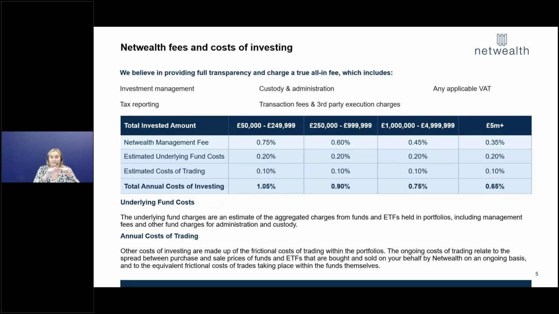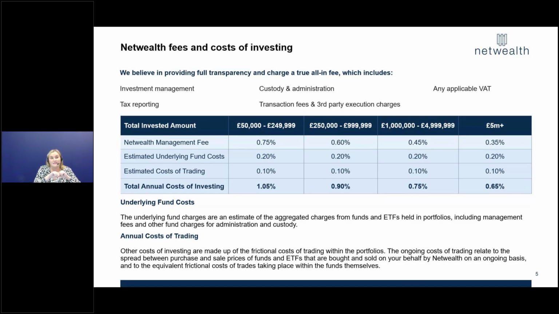Below the Netwealth management fee, you can see our estimated underlying fund costs and estimated costs of trading that we estimate totaling together around 0.3%. This may vary slightly depending on the risk level you're invested in, if one has more investments in than the other, but our team do continual due diligence on keeping these as low as possible, both with existing investments that we hold, but also when deciding on whether to introduce new investments to the portfolios.